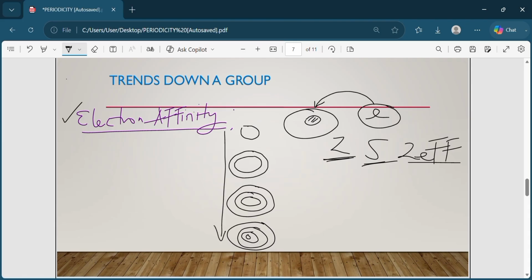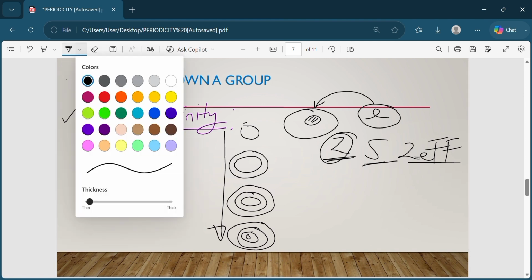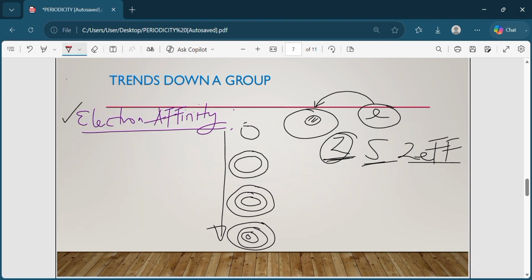So if we look at nuclear charge, since these are atoms, however many energy levels we add, they come with electrons. That means that even the number of protons will be added. As we're adding electrons, even the protons will be added. That means our nuclear charge increases.